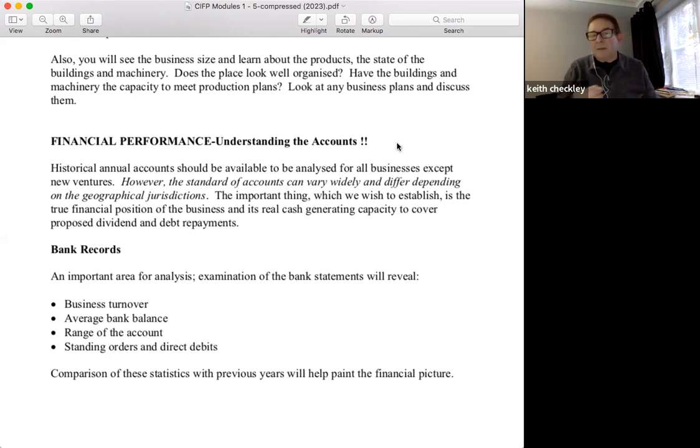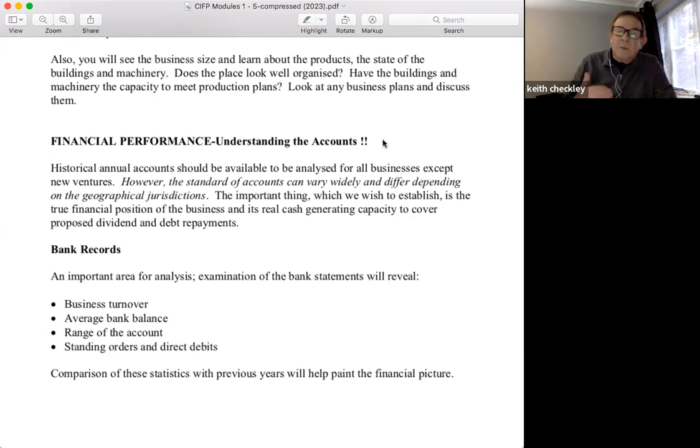And you'll see I've put the understanding the accounts, and I put 2 exclamation marks. Now, why I did that was slightly cynical, because it's not easy. It's not an easy thing to do, to actually understand the accounts. And in the case Dimitri illustrated there, they were looking for something that wasn't being portrayed in the account.